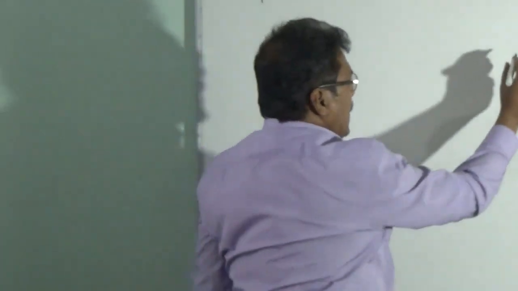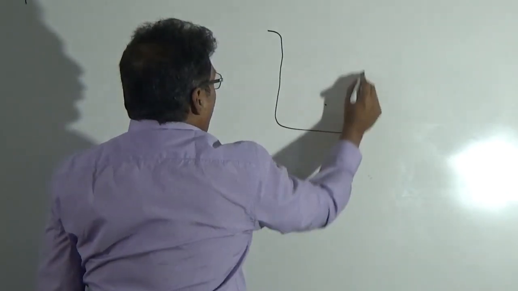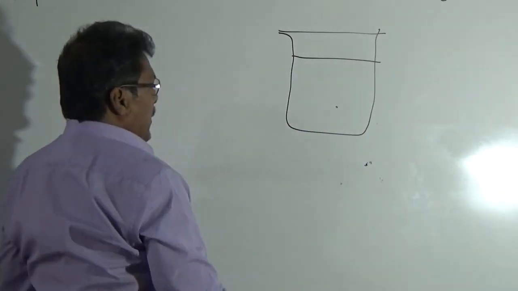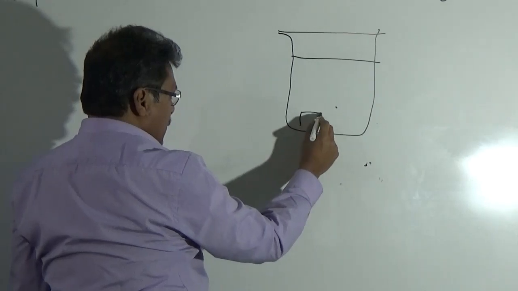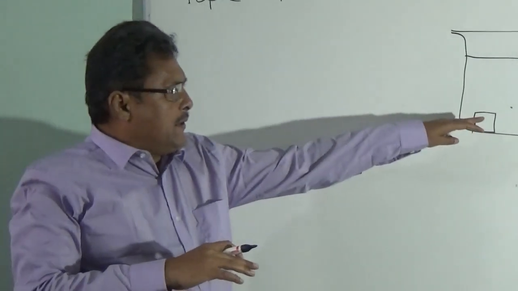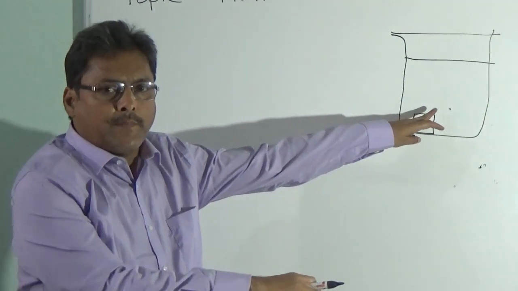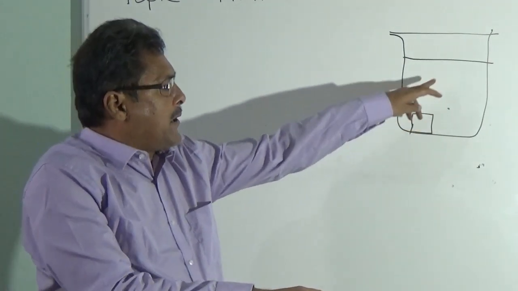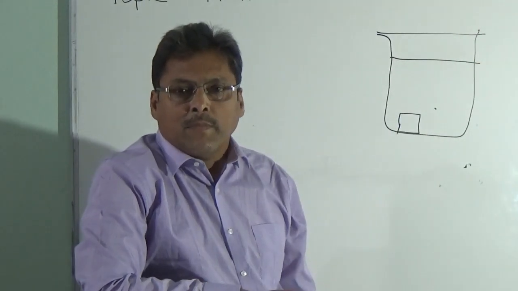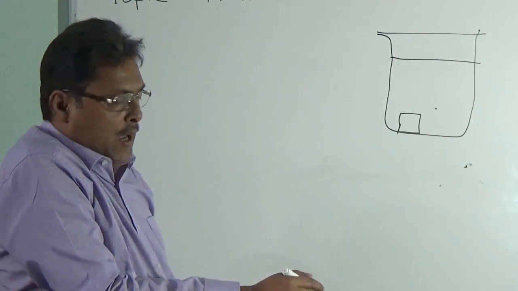Let us put a very simple illustration on this point. Say this is a beaker of water we have taken. There is some water in it, and we put some potassium permanganate crystal in. After some time, we see that the whole water becomes purple. How is it possible?